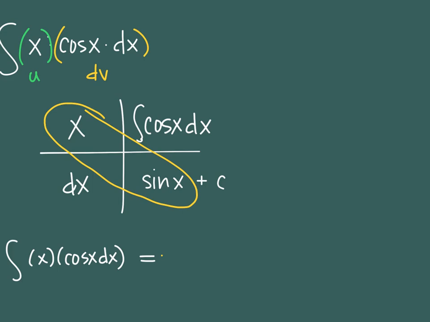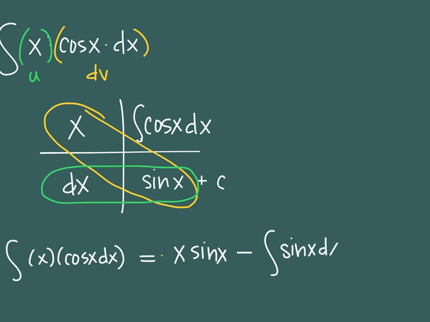So the u and the v part combined, so x sine x minus, and then what came next? You wrote it down. The v part combined with the du part. Okay, and hang on to the plus c. We're going to put it at the end. So those two together, sine x dx, and then my plus c at the end.